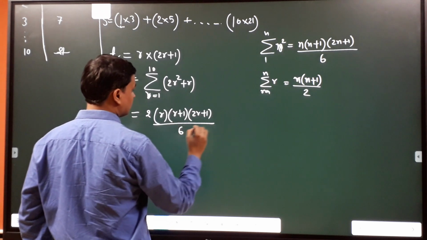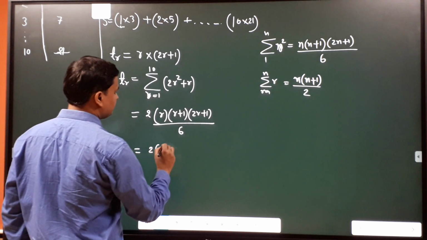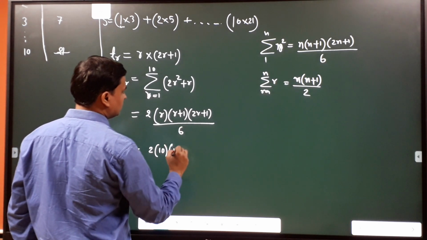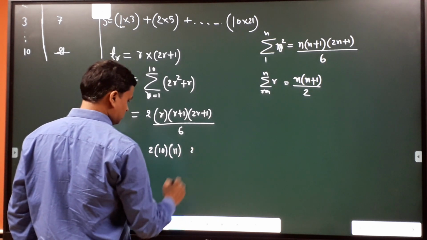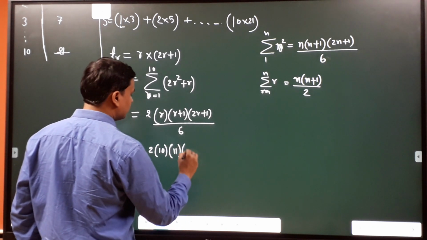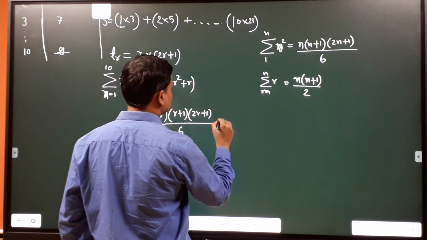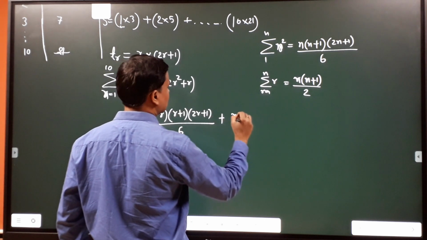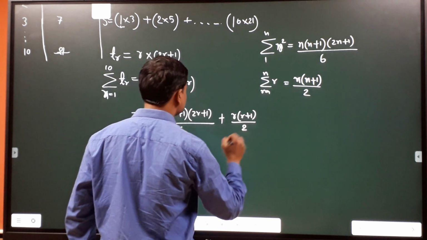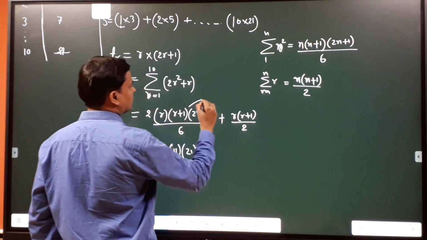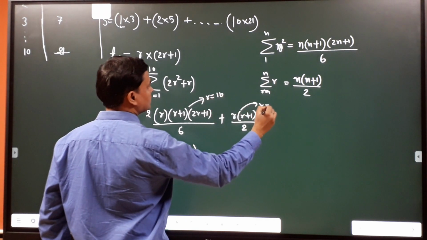If we put the value of 10 here, then it will become 2 into 10 into 11 into 21 upon 6. And what will be the next term? The next term will be n into (n plus 1) by 2, and I need to put the value of n as 10 here as well.